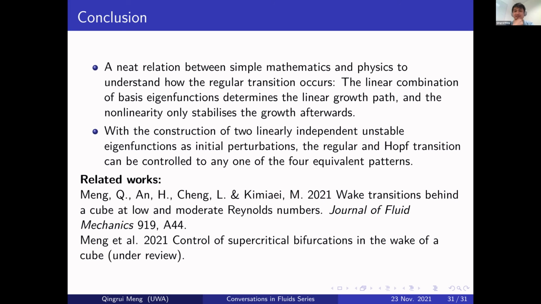That explains why it can have infinite numbers of trajectories in the phase space of the coupled pitchfork bifurcation model. The linear combination of the eigenspace will determine the linear growth path, and the nonlinearity will only stabilize the growth afterwards.